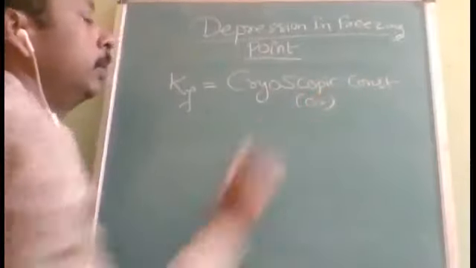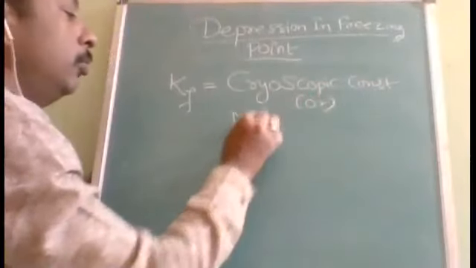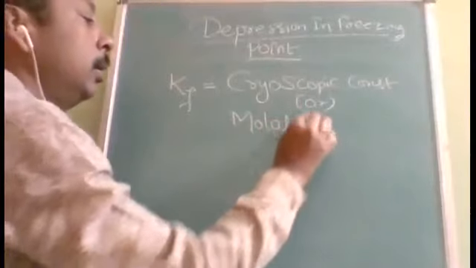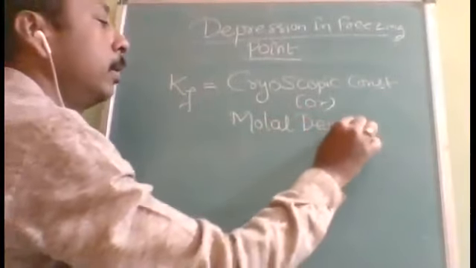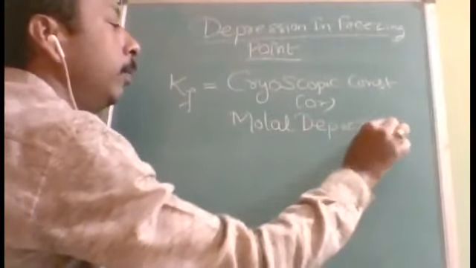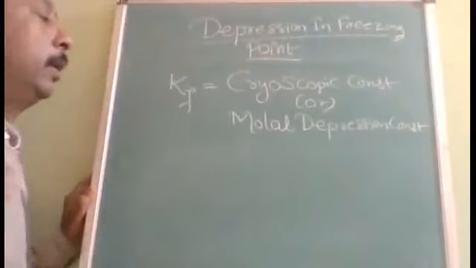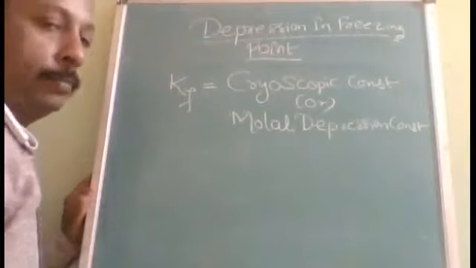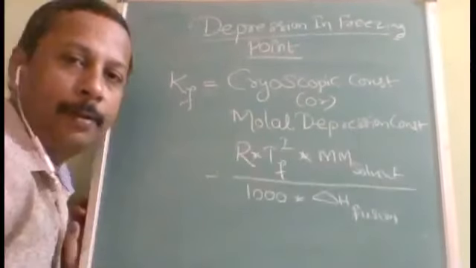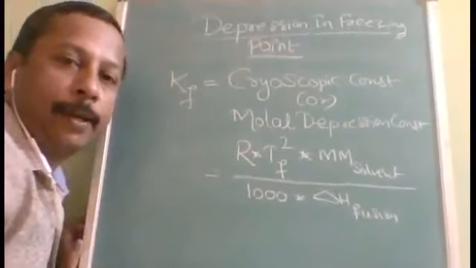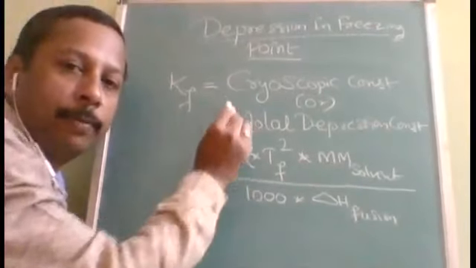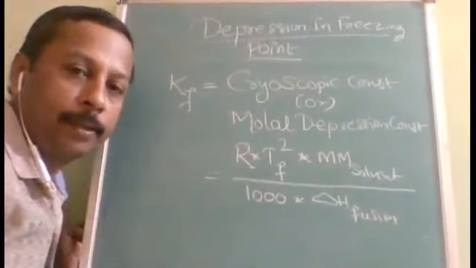Cryoscopic constant is also called molal depression constant. Okay, and Kf, the depression in freezing point, cryoscopic constant or molal depression constant.